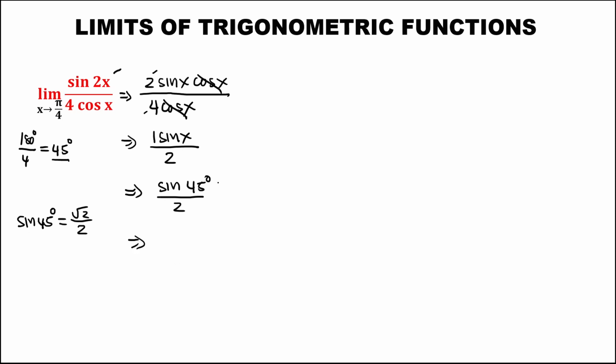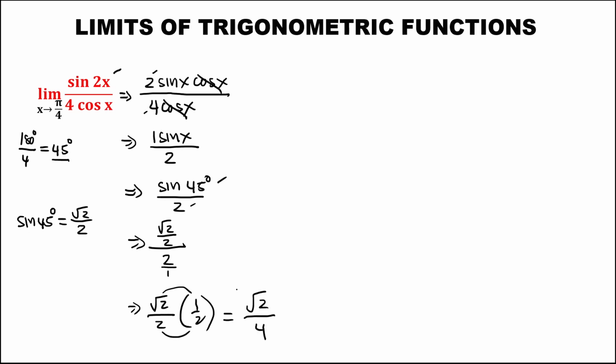So substitute: sine 45 is square root of 2 over 2, over this denominator 2. Then to simplify, we need to find the reciprocal of this denominator 2. We just put denominator 1. So this becomes square root of 2 over 2 times the reciprocal of 2 over 1, that's 1 over 2. So the limit is equal to square root of 2 over 4.